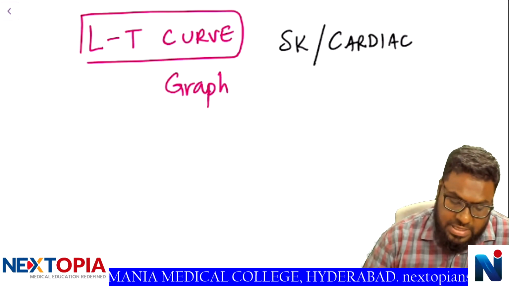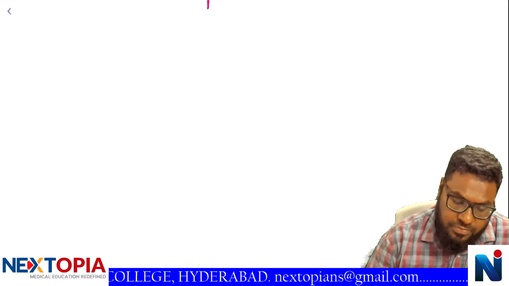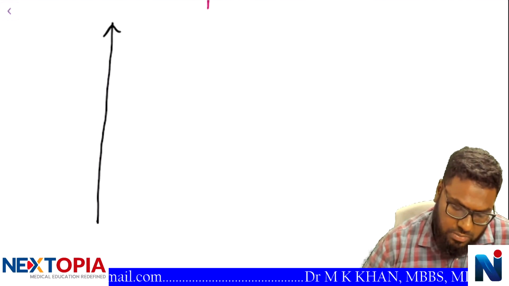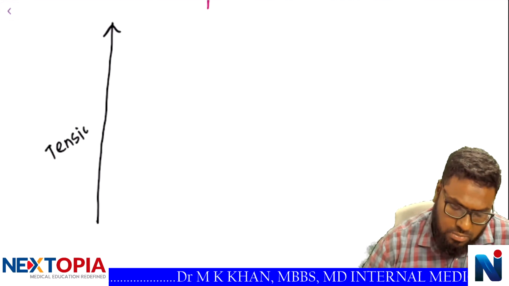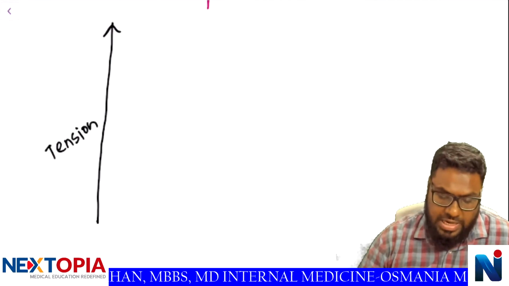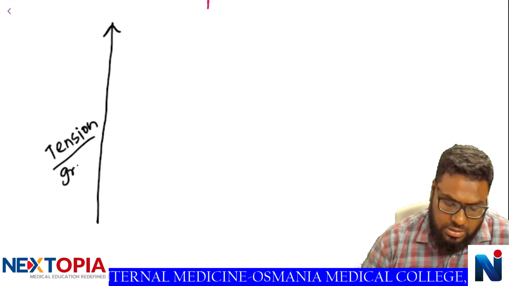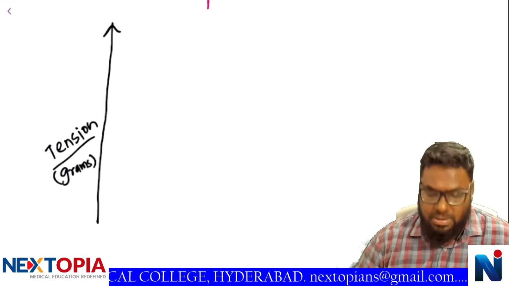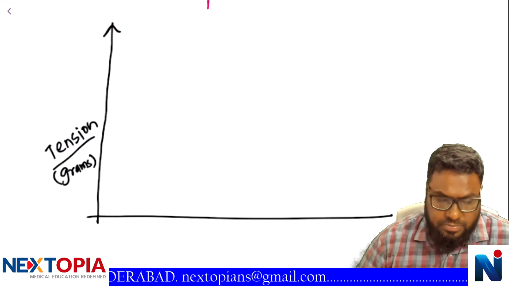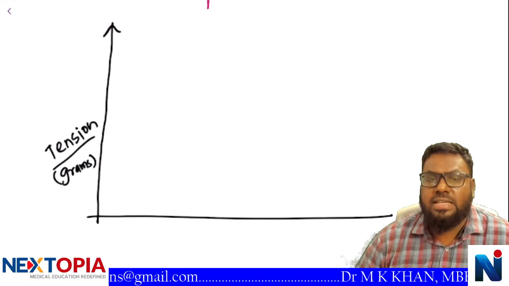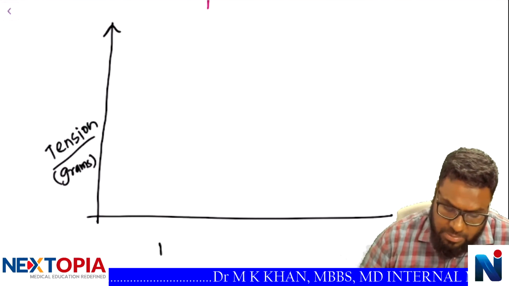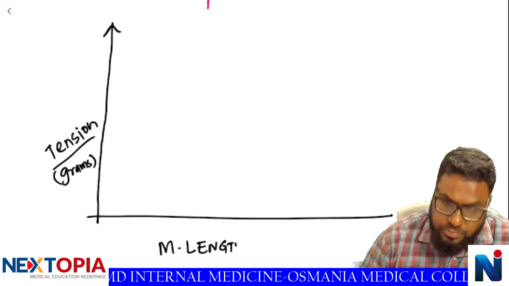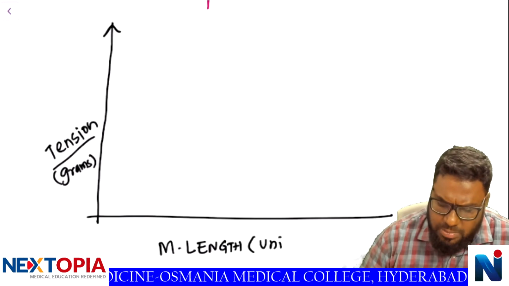So please remember that, suppose on the y-axis we have tension, in grams, tension or weight that is applied in grams, and on the x-axis we check the muscle length in some units.